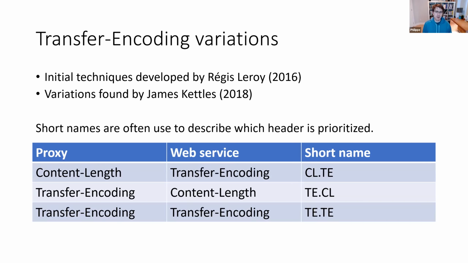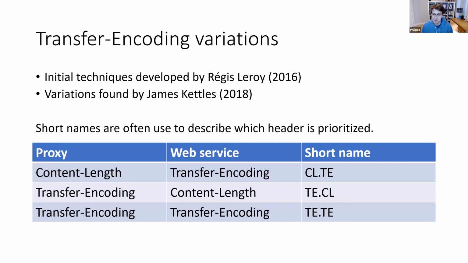Just some terminology. Transfer encoding was mentioned in the first white paper, and plenty of variations were introduced by Régis Leroy in 2016. And you will see in documentation, if you look at the research, often those acronyms. So CL.TE means content length and transfer encoding.